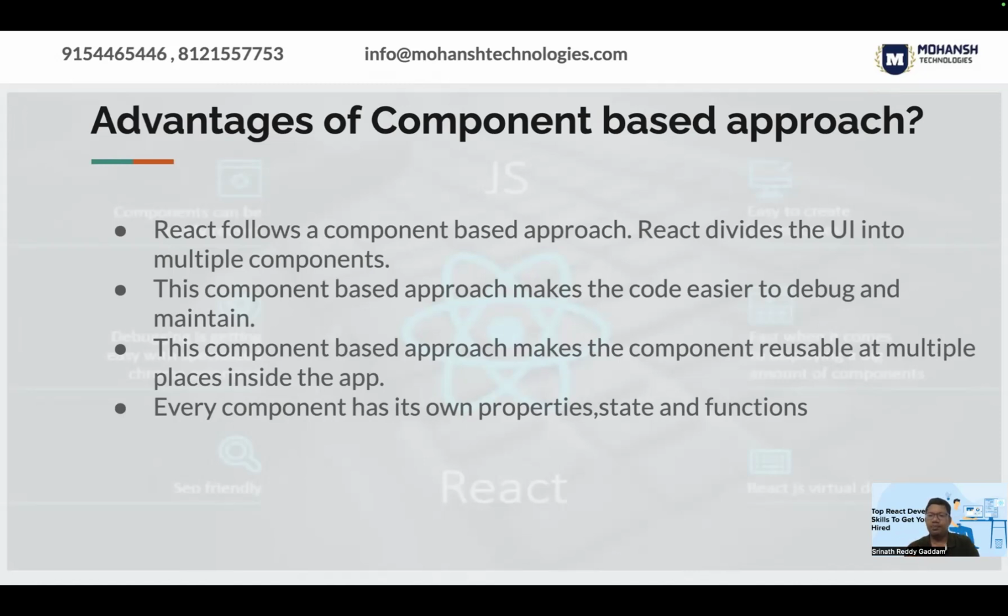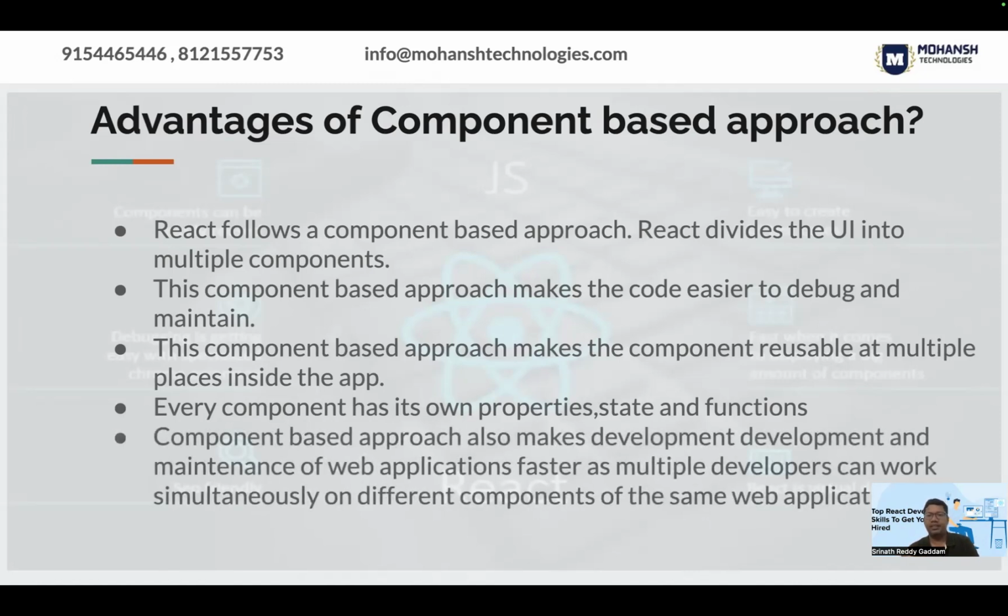For example, take a cart component. Initially, the state of the cart is empty. When you add any product, the cart component displays the number of items added to the cart. Now, this state has changed. So every component holds some initial state, and it also has some functions where these functions do specific tasks.